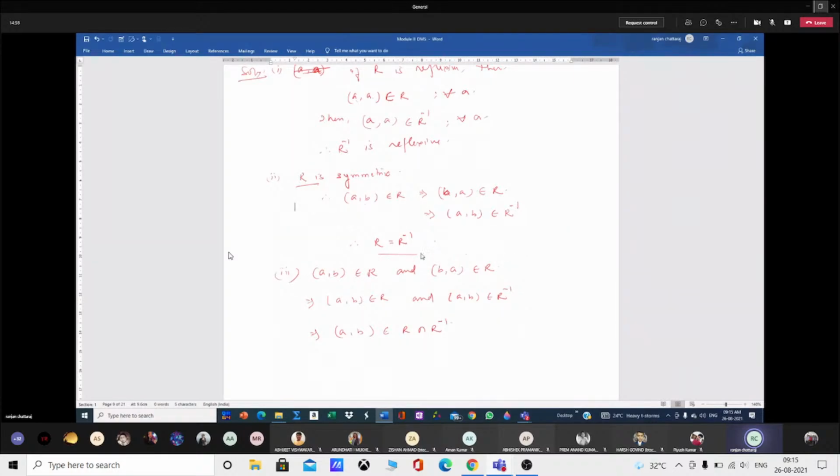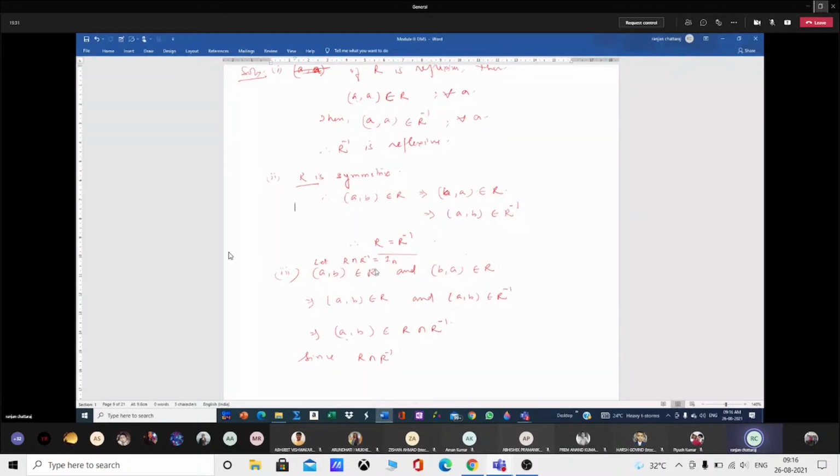You should write R intersection R inverse is equal to IA, like this. So now two conditions: AB belongs to R intersection R inverse, and this is equal to, since R intersection R inverse. This is the one part.